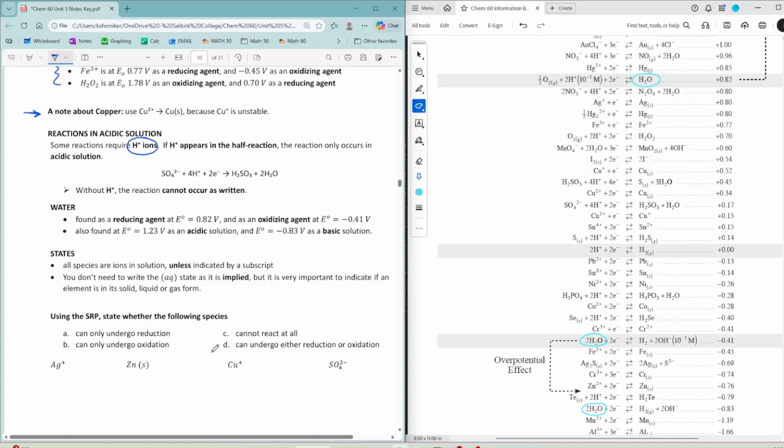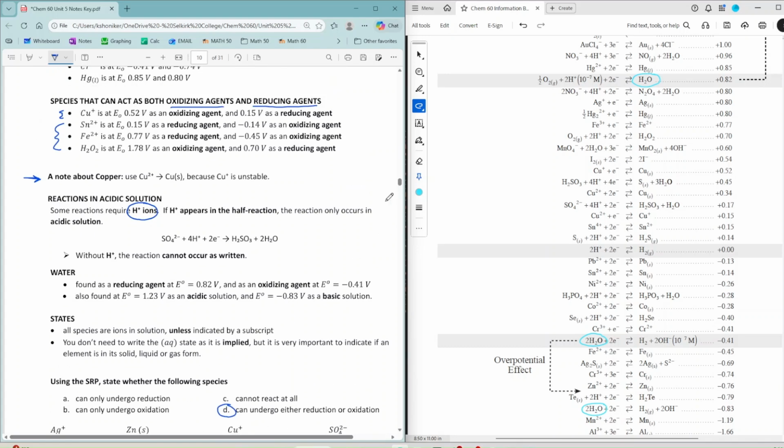Can they not react at all, or can they undergo either reduction or oxidation? So let's start with D, okay? Let's look, can any of these ions undergo both reduction or oxidation? Now, the nice thing is I gave you the list here of all the species that can undergo oxidation and reduction, except you have to include water in that group as well.